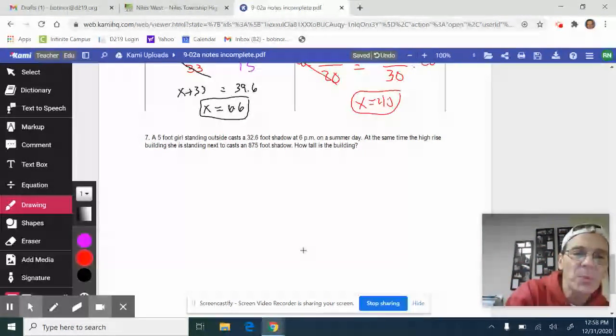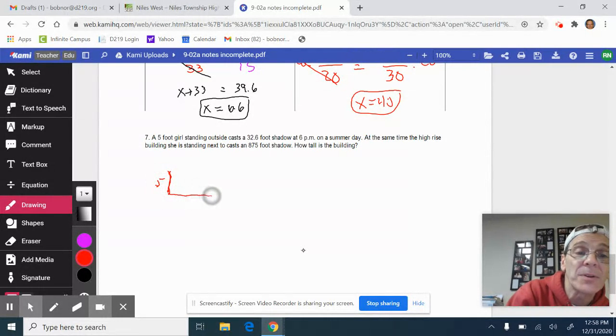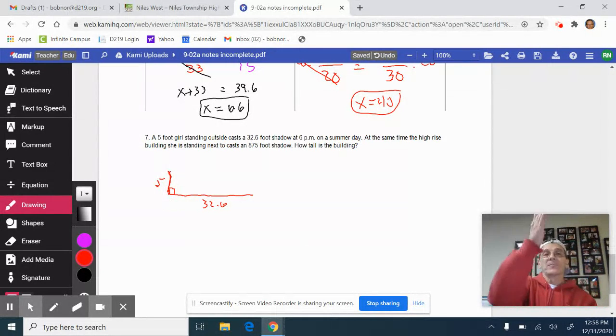Well, let's draw a little picture here. You've got a 5-foot girl. We're going to assume for this problem she's standing straight up, and that she's standing on flat ground, and that her shadow is 32.6 feet long. That's what it says. And so there is a right angle between her stance and the ground. Okay.